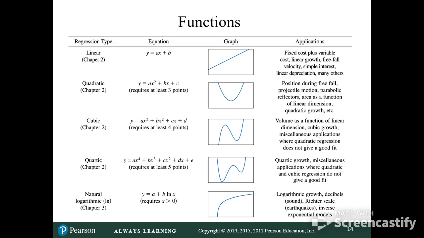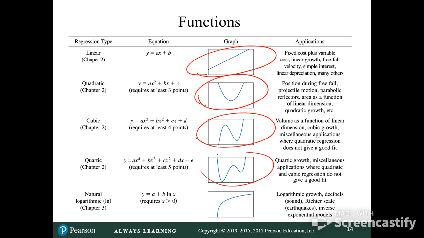So functions. When you graph a function and you see that you need to make a line of best fit, if it's a straight line, for the most part, use a linear function. If it's curved like this, quadratic; you've got cubic and quartic, to the 4th power. A natural logarithm looks like this.